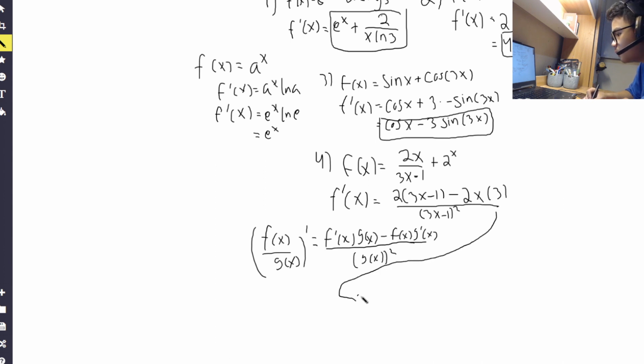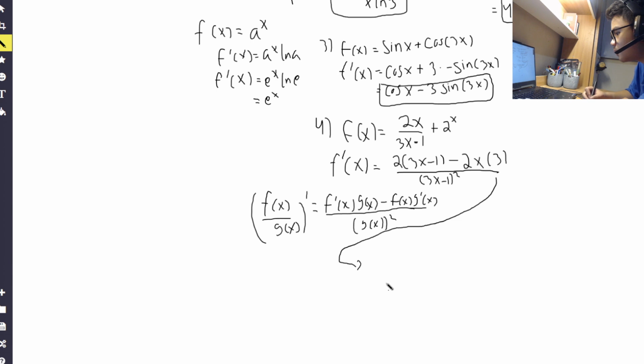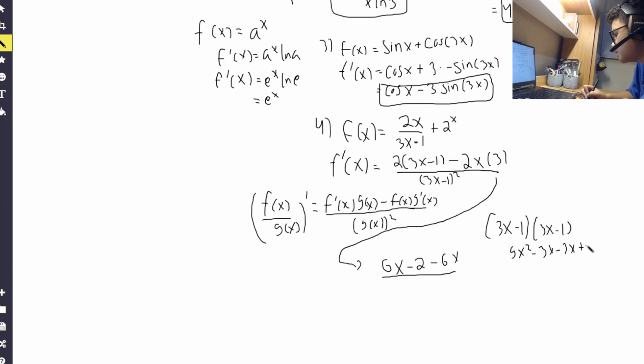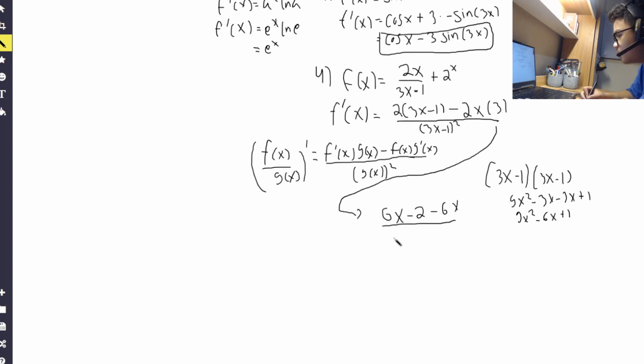Hence simplifying, this equals 6x minus 2 minus 6x over (3x minus 1) squared. We're going to do the FOIL method: 9x squared minus 3x minus 3x plus 1, so it's 9x squared minus 6x plus 1 for the denominator.